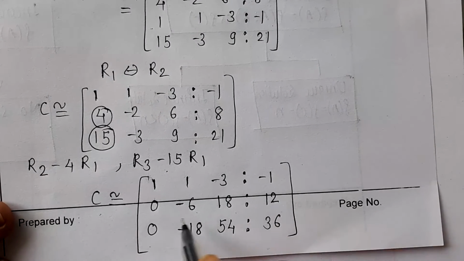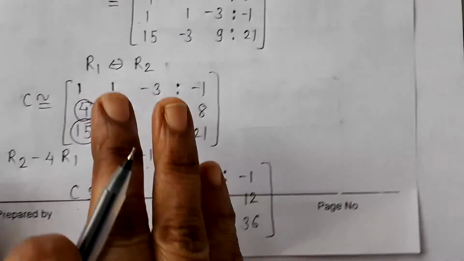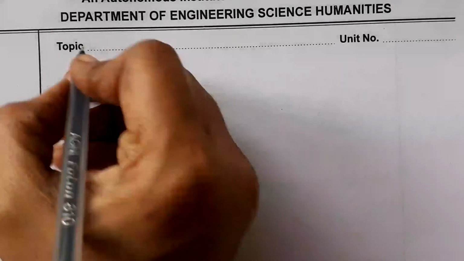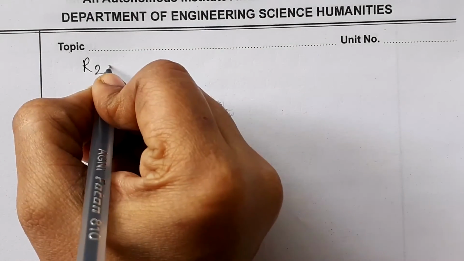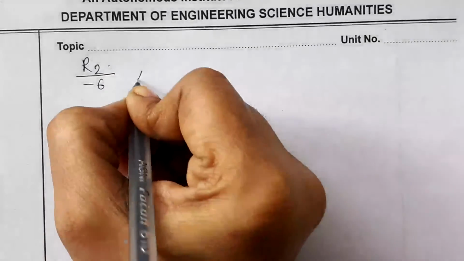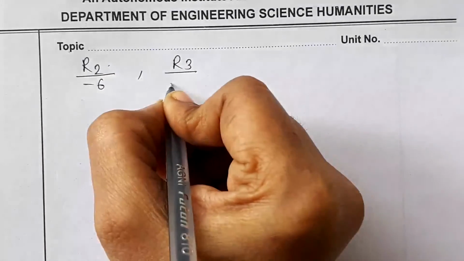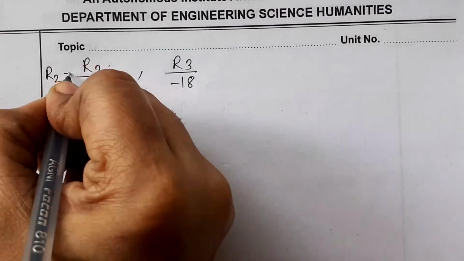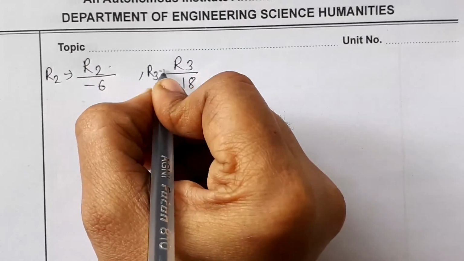Now the second row we can divide by minus 6, and the third row we can divide by minus 18. So first we reduce the second row and third row. R2 changes to R2 divided by minus 6, and R3 divided by minus 18. So this is the change in R2 and this is the change in R3.